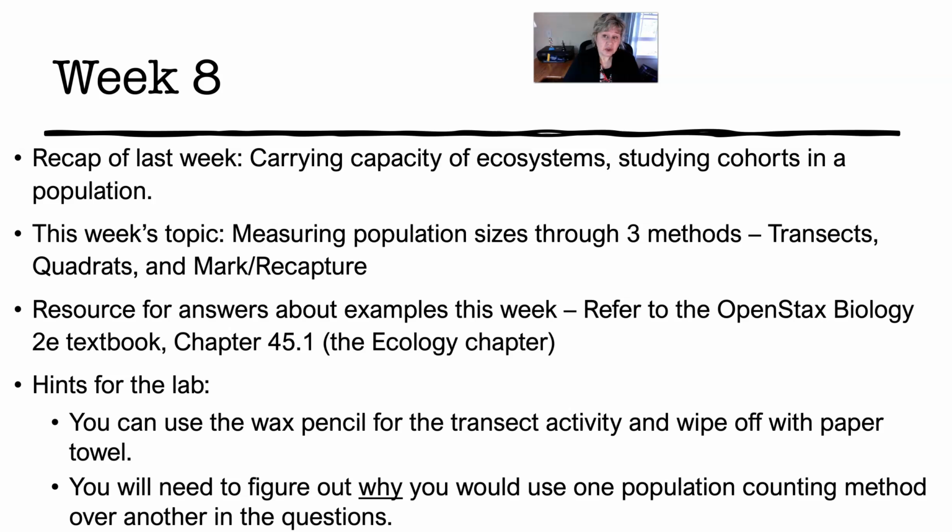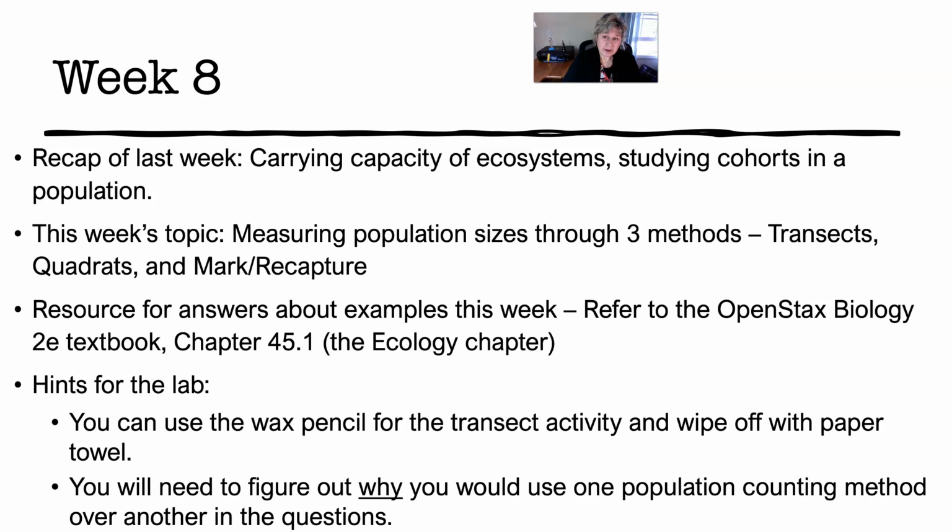Why would you use the transect method over the mark and recapture method? What are the advantages of each? What are the different species that you would use these for? Okay, so you're going to have to answer examples of these different methods.